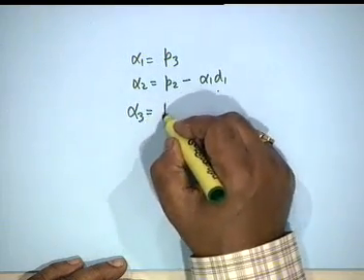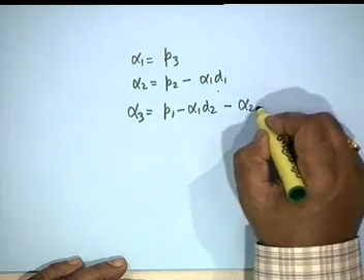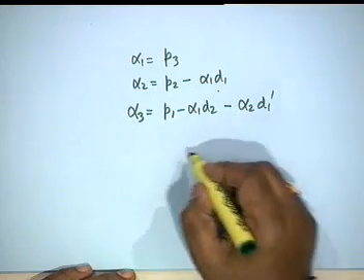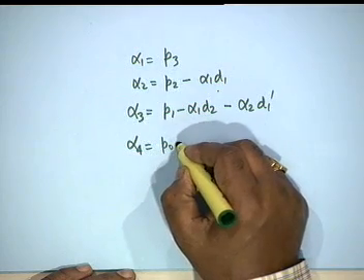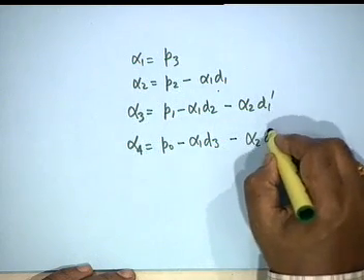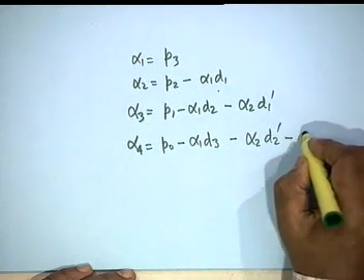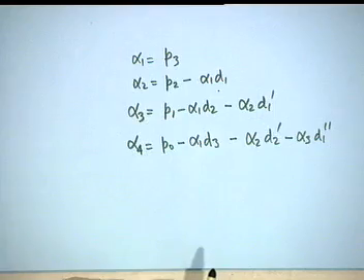Alpha 3 equal to P1 minus alpha 1 D2 minus alpha 2 D1 prime, and alpha 4 is equal to P0 minus alpha 1 D3 minus alpha 2 D2 prime minus alpha 3 D1 double prime. These are the coefficients, these are the multipliers that are needed.